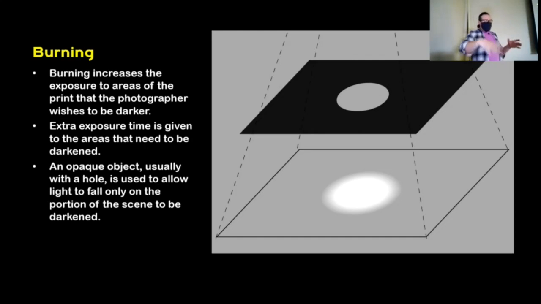So maybe you expose the entire thing for 30 seconds. Then you set your timer for like 5 more seconds. Then you put that piece of cardboard out there with that hole over the exact spot where you need to have a little more light. Turn on that enlarger for those 5 extra seconds, and then you kind of shake that cardboard so that you don't have a perfect circle that's darker than everything else. By shaking it, you kind of feather your edges out.